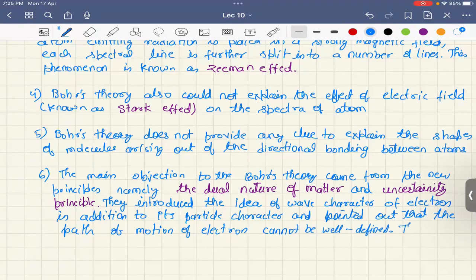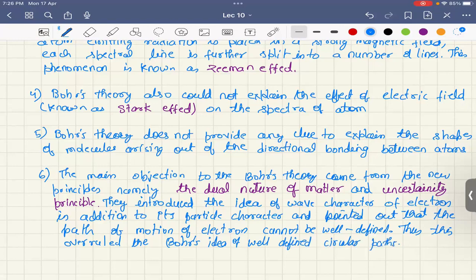Right? Thus, this overruled Bohr's idea of well defined circular paths.